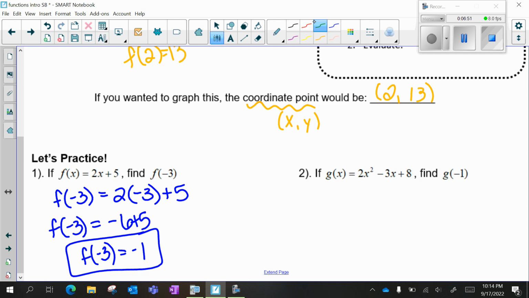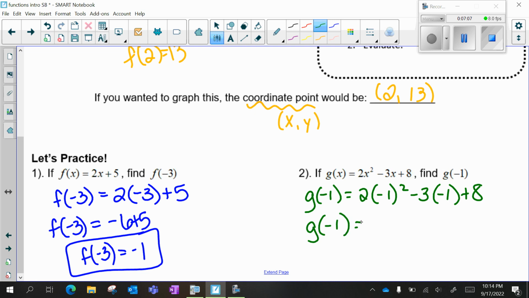And then number 2, if g of x is 2x squared minus 3x plus 8, find g of negative 1. I'm going to substitute negative 1 everywhere that I see an x. And for this one, we're going to just practice using our calculator.